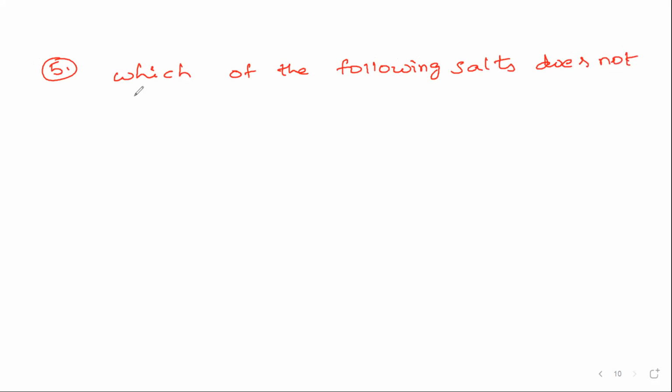Which of the following salts does not form any precipitate with excess of sodium hydroxide?